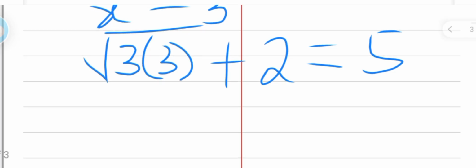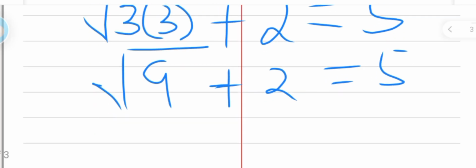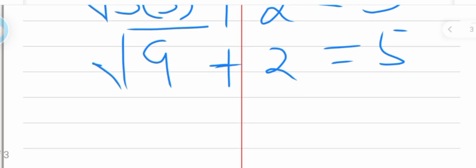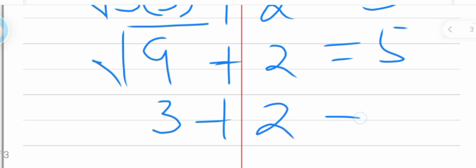So now we have root of what? 3 by 3 should give us 9, plus our 2 should be equal to the 5, which is the right hand side. So what is the positive root of 9? That is exactly 3. And when that is added to 2, you get our 5.